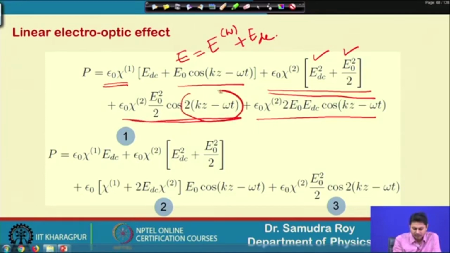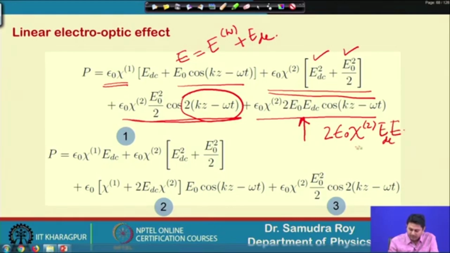If you see carefully, the frequency term is 2 omega, which naturally comes because we are making the square, we are making E square. And finally, as I mentioned, we have a coupling term E0 cos(kz minus omega t) multiplied by E_DC. So, if I write this term, you will find one can write it as E0 epsilon 0 chi 2 E_DC multiplied by E. So, this is a term which is going to have some effect.